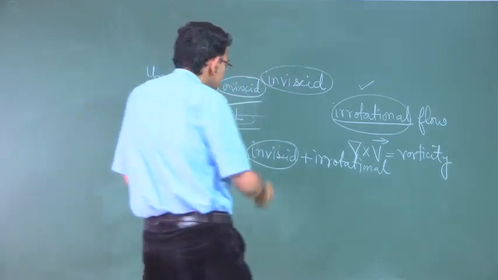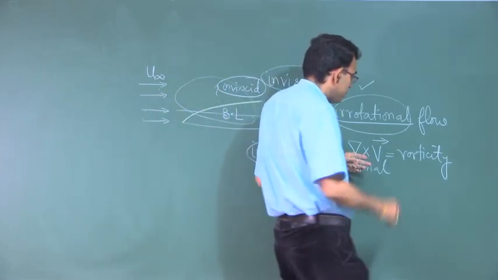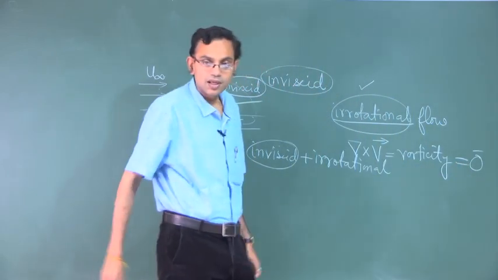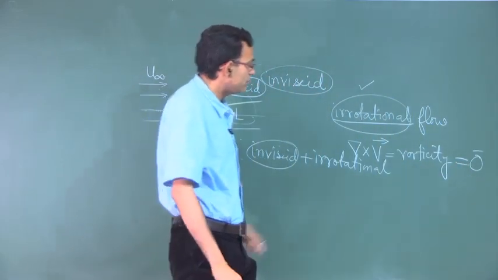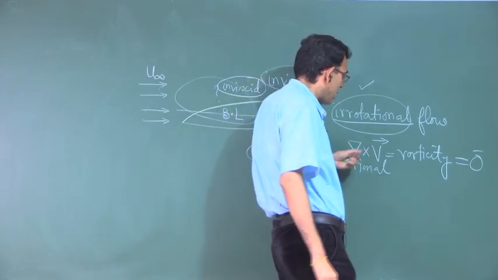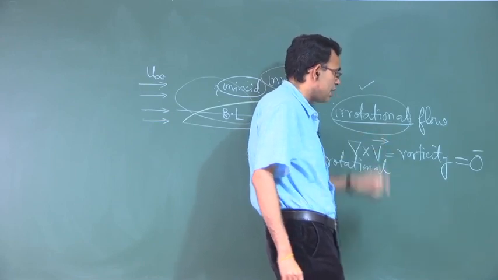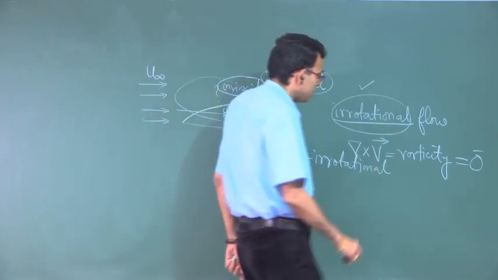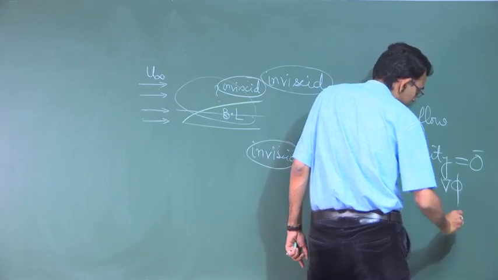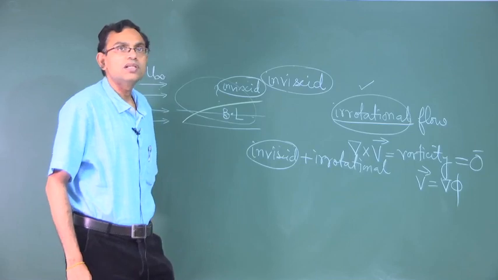So, inviscid plus irrotational flow means that the curl of velocity is a null vector at all locations, and in that scenario, if curl of a vector is a null vector, we can express that vector as a gradient of a scalar potential phi.